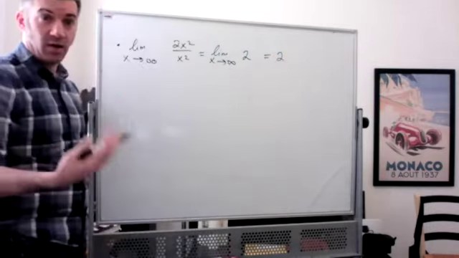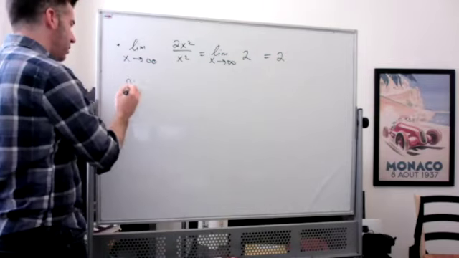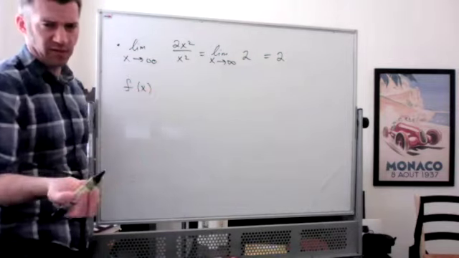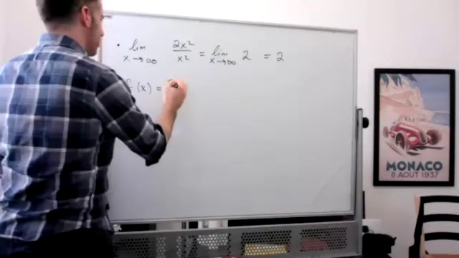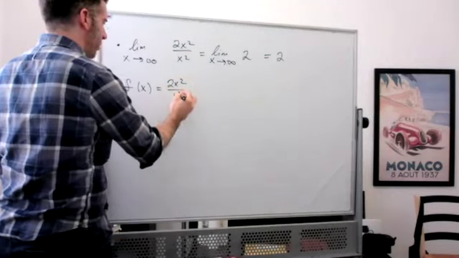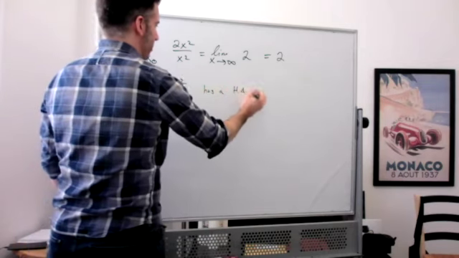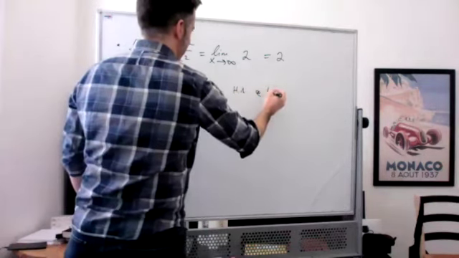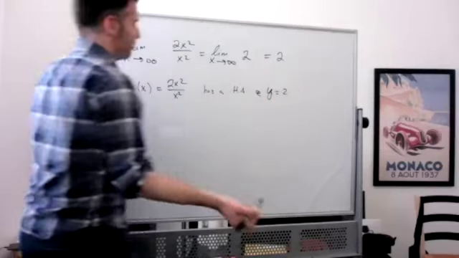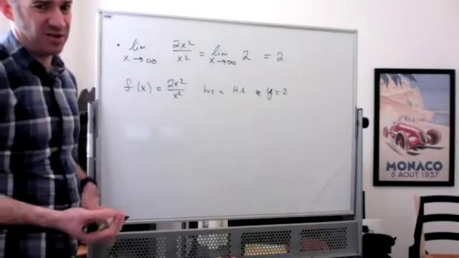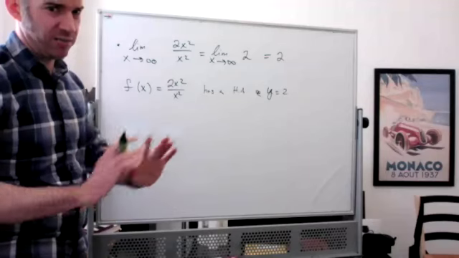So what does that tell me? This tells me that the function, which is kind of a weird function, but fine, 2x squared over x squared has a horizontal asymptote at y equal to 2. It's also just the function is 2, which is kind of weird, but okay.